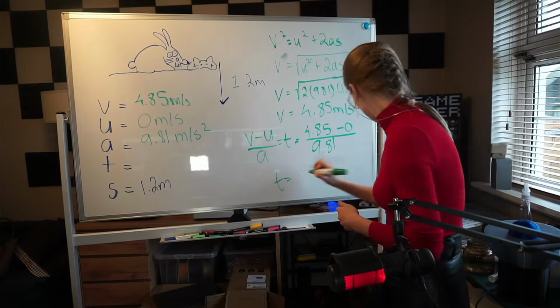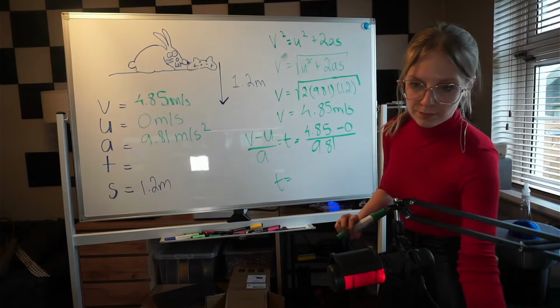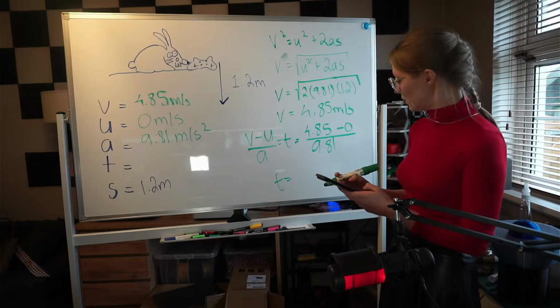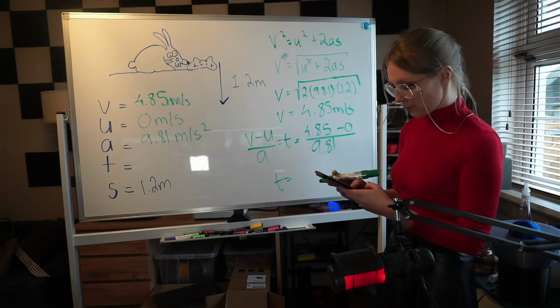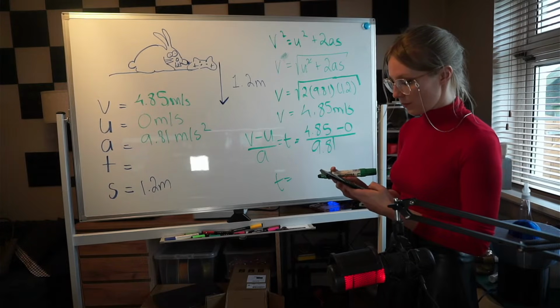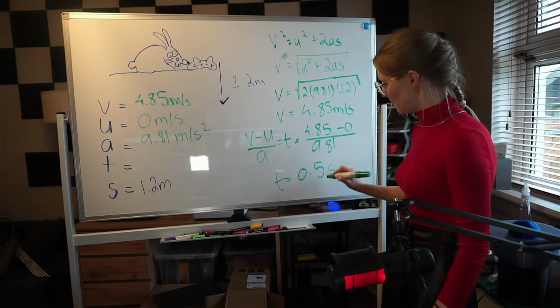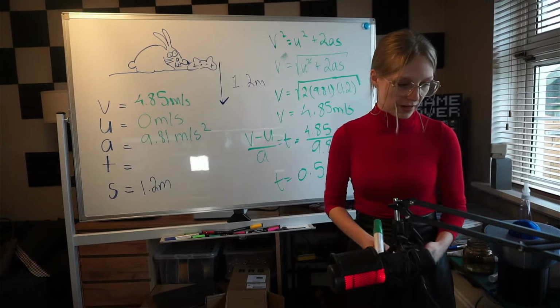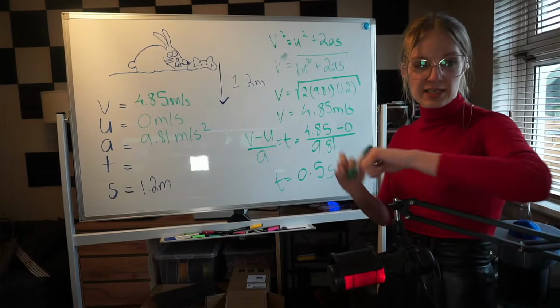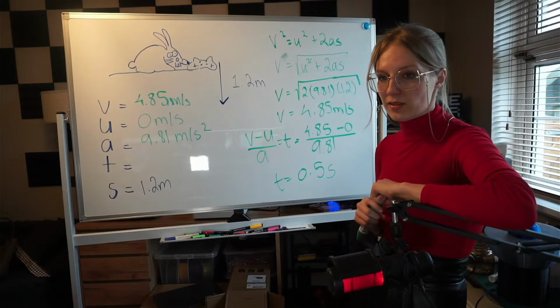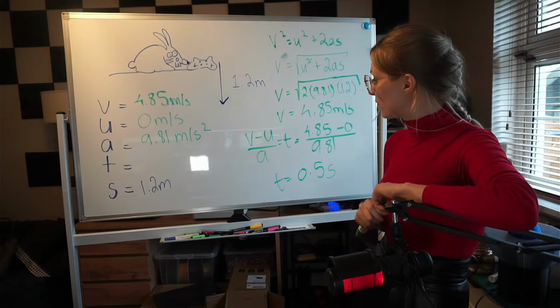The time is equal to 4.85 divided by 9.81, and it'll be falling for 0.5 seconds. So for half a second, that is the duration of the fall of the PS controller that Bambi knocked over.